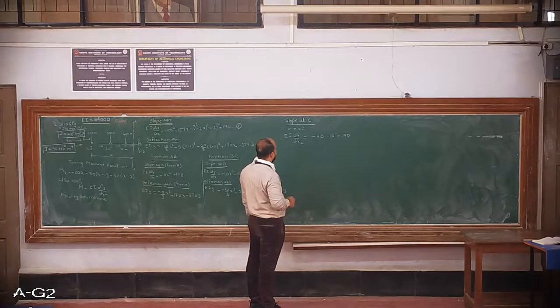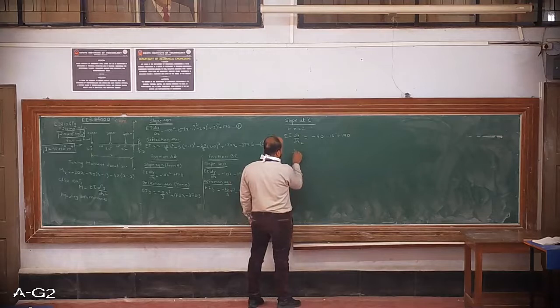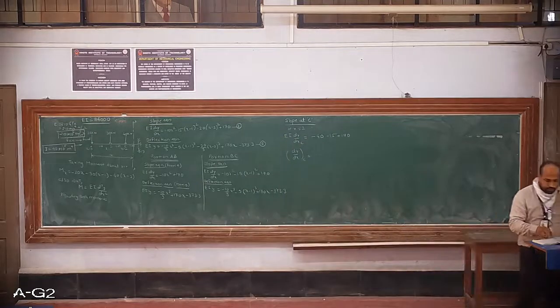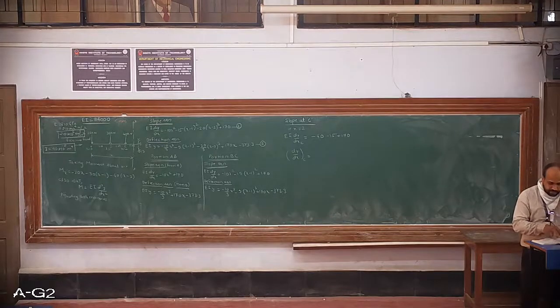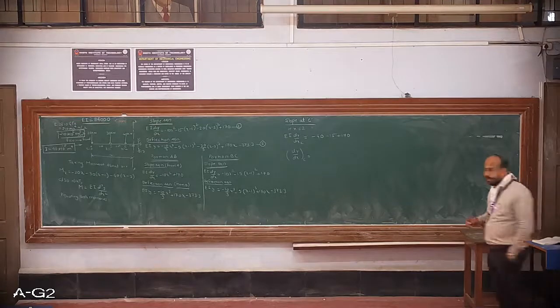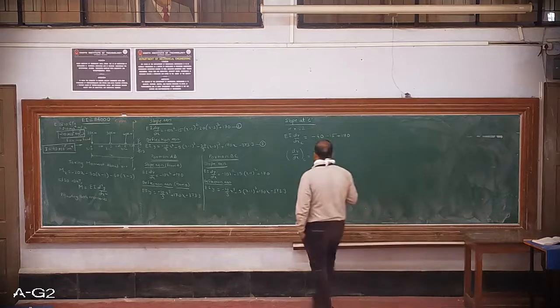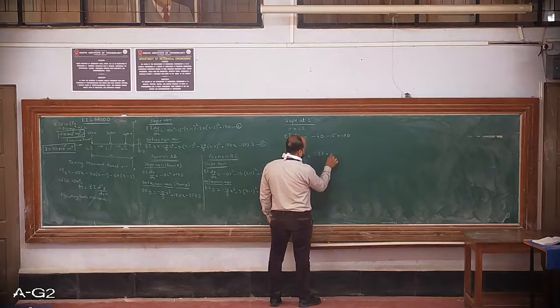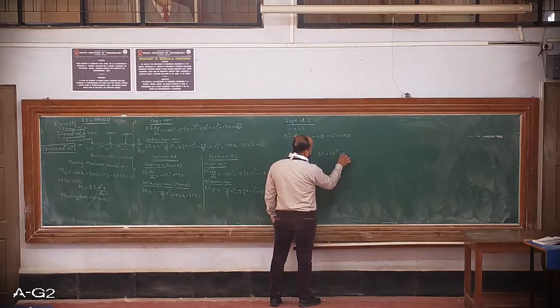Okay. So 115 divided by 84,000. If you do the calculation, our slope at C, I will directly write now, will become 1.37 into 10 to the power minus 3 radians.